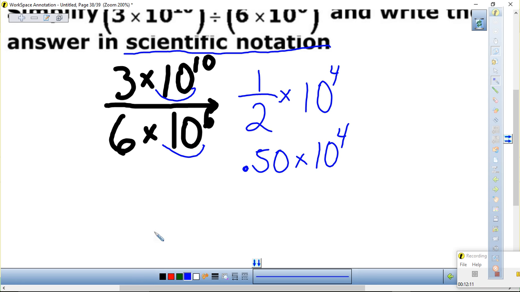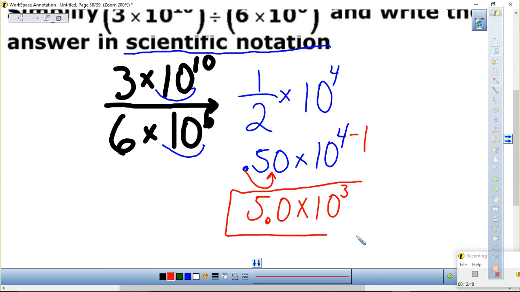What do we need to do, everyone? Move the decimal once more. So we need to move the decimal once over. And we went to the right, which means what do we do here to the 4th power? Subtract 1. So this ends up being 5.0 times 10 to the 3rd. And that is scientific notation.